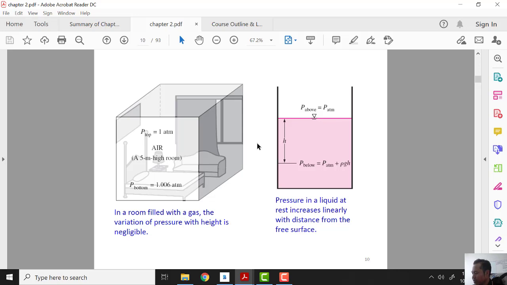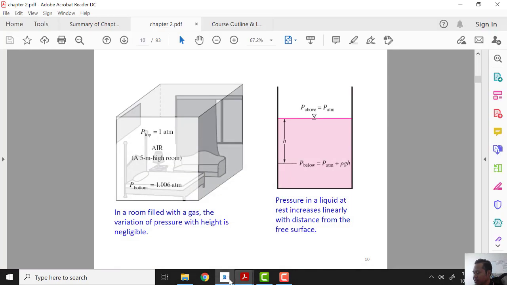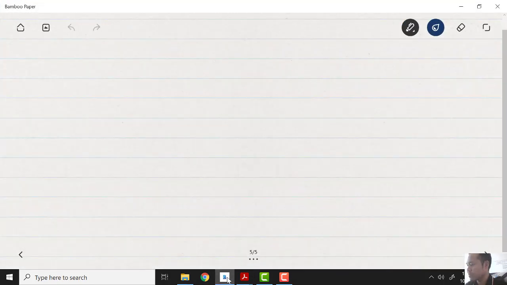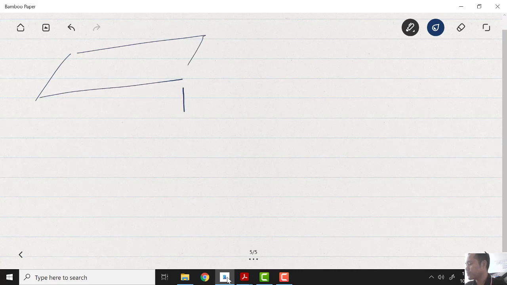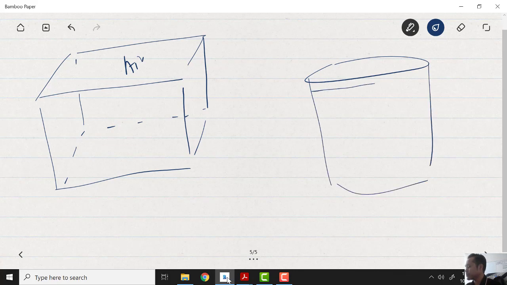Here they're giving you an example of a room: a room filled with air and a glass filled with water. What's different? The pressure.